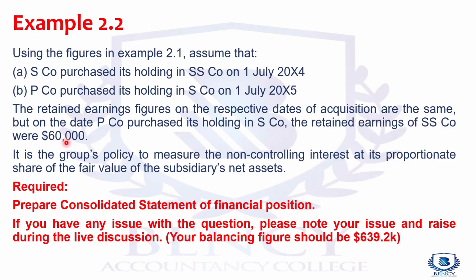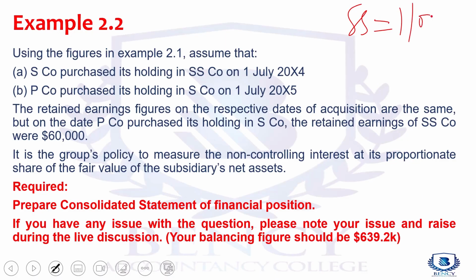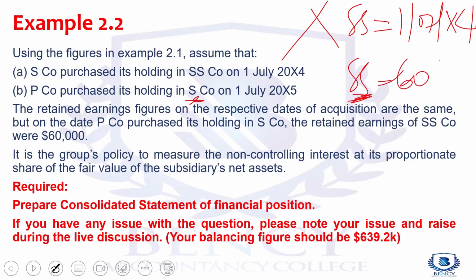What it is trying to tell you is that in the previous video there was a retained earnings figure of SS on 1st July 20x4, but this retained earnings you will not use. It's the retained earnings of SS when P acquired S that we use, that's the 60 thousand.